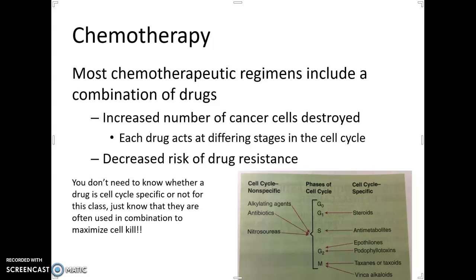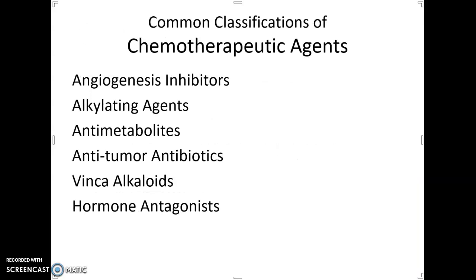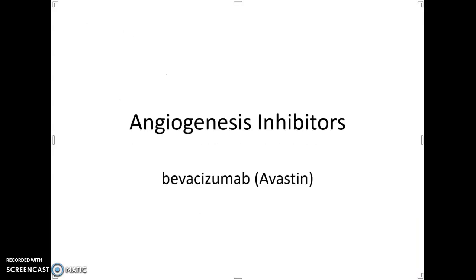Whereas other drugs like steroids stop growth in the G1 phase. It's just kind of an interesting thing to look at and see where these different drugs work. But again, don't need to know this really for the test. So here's the different drugs that we're going to learn about.